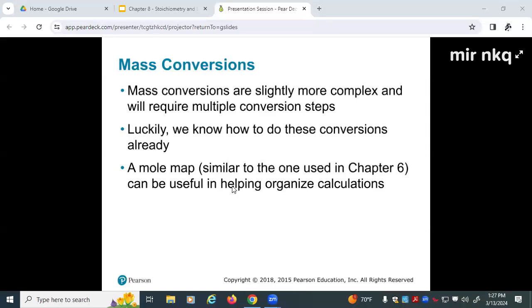This mole map, which again, is similar to what we used in chapter 6, a mole map for converting between grams and moles, grams and particles of elements and compounds. It's the same idea. It's from the same manufacturer. That's why it looks so similar.